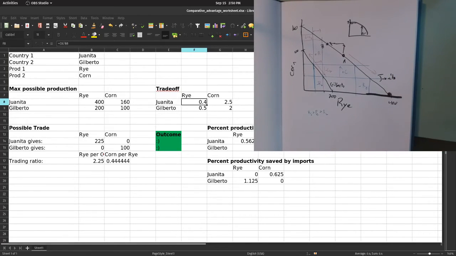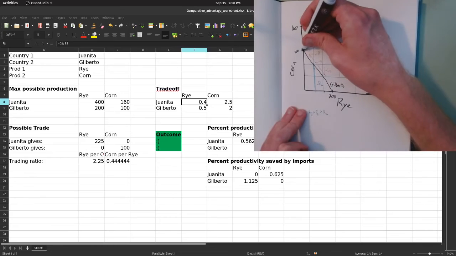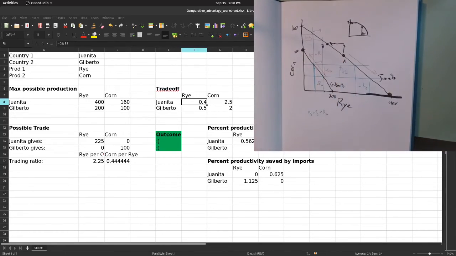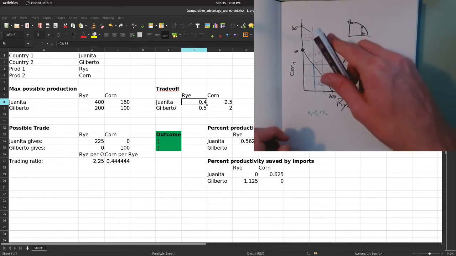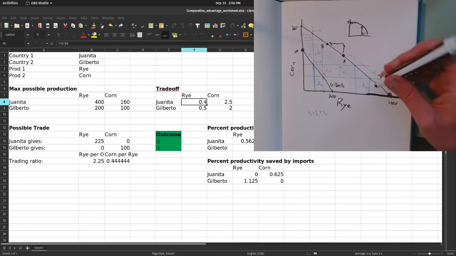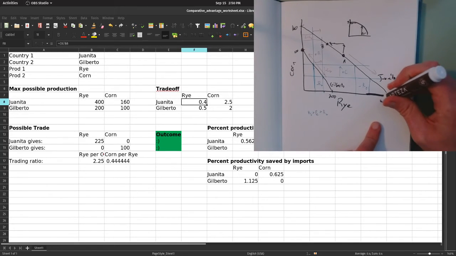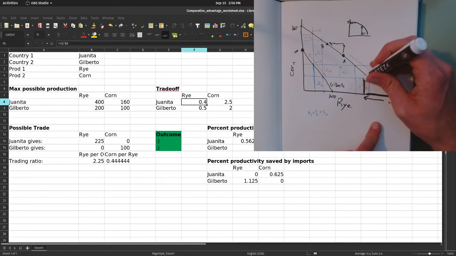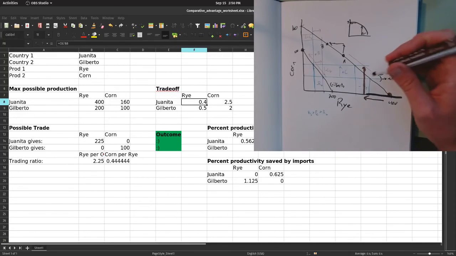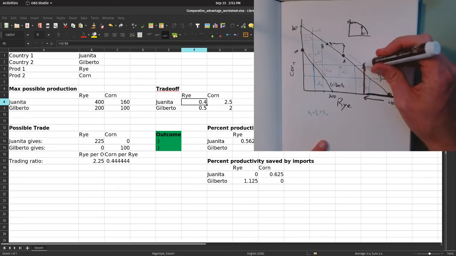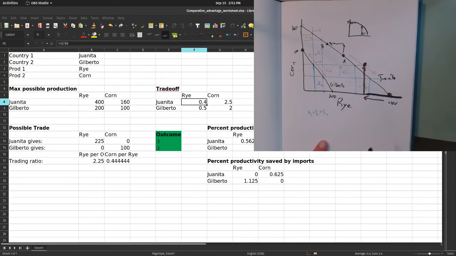So if Juanita starts here and Gilberto starts here, instead of at something like point A where she's splitting her time 50-50, and then if she wants to get more corn from Gilberto, she's going to be giving up some rye, but he's going to be able to pay her with more corn so that she's able to move outside of her PPF.